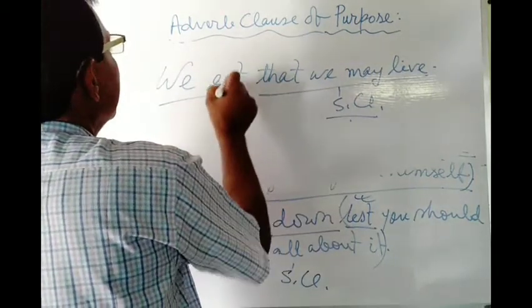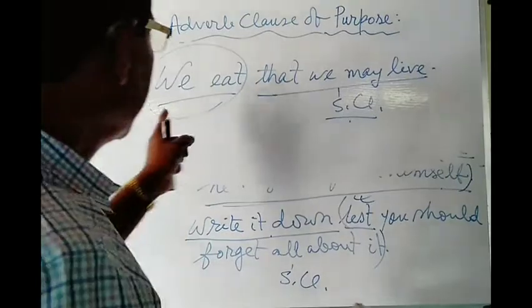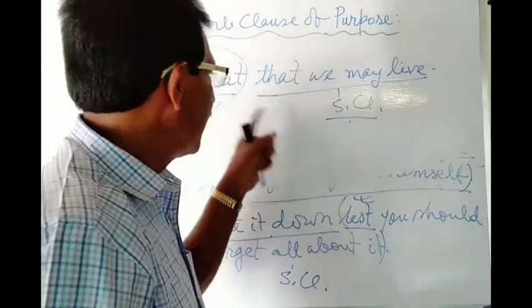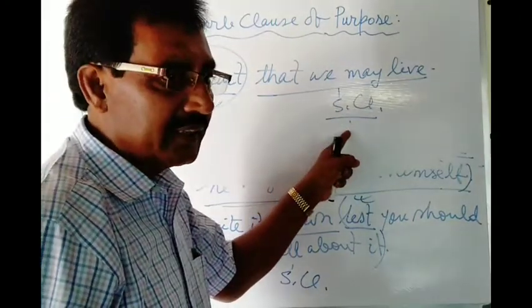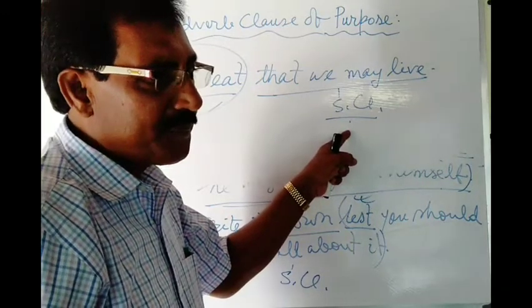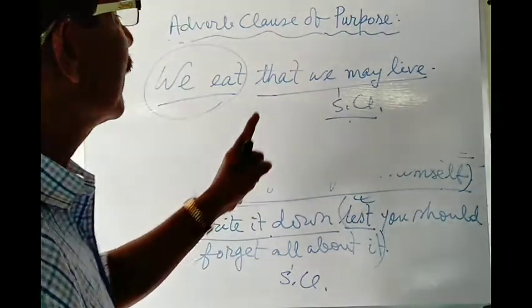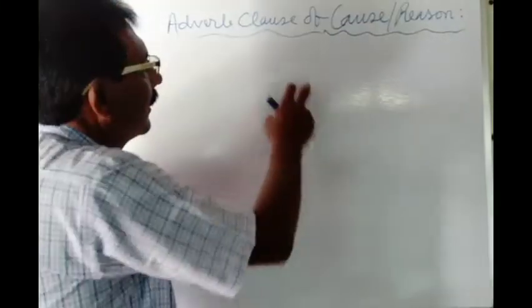We eat. What is the purpose of our eating? That we may live. This subordinating clause is used in order to indicate purpose. So, this is the adverb clause of purpose. In this way, you will have to use the adverb clause of purpose.